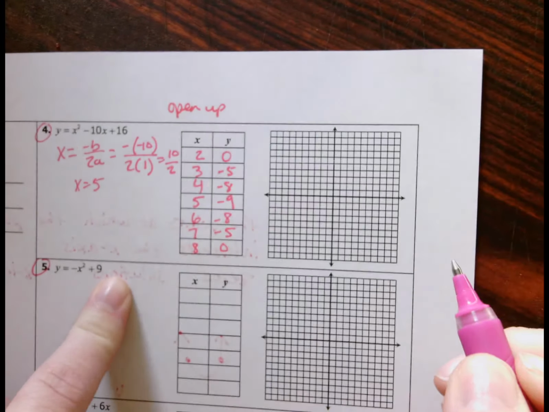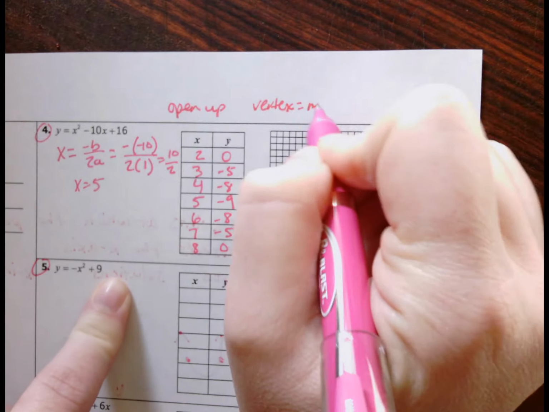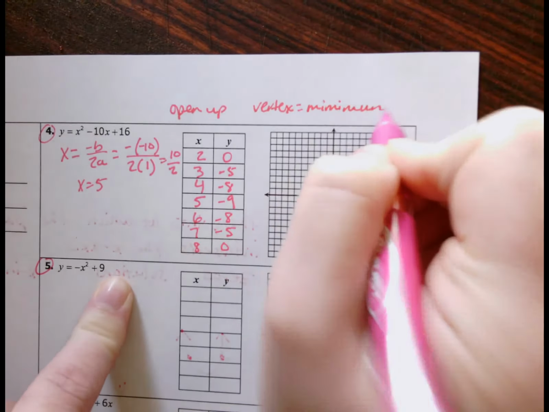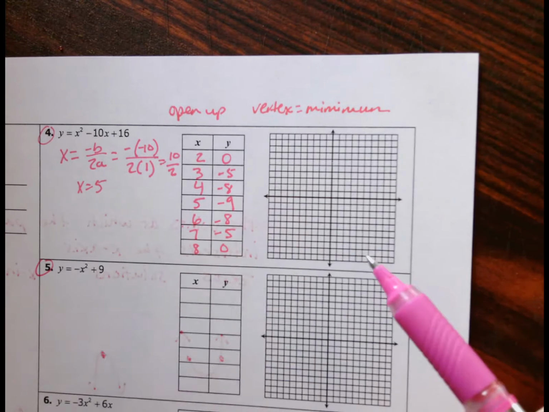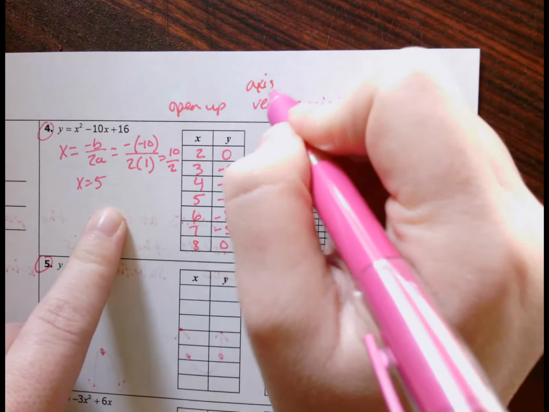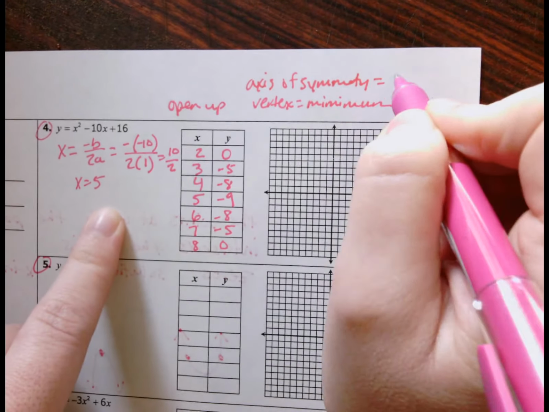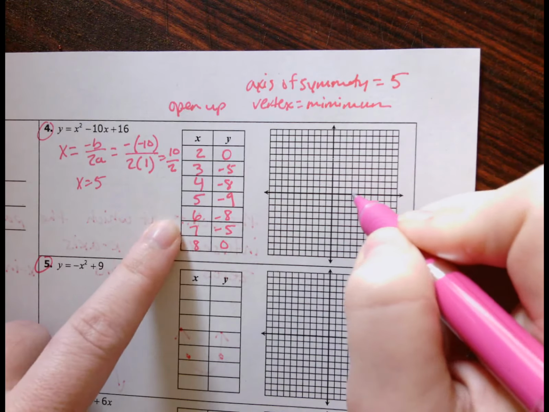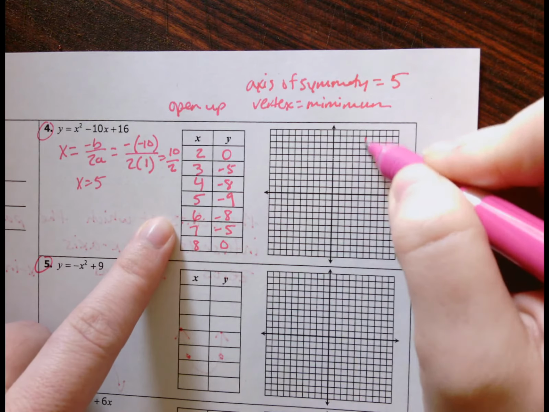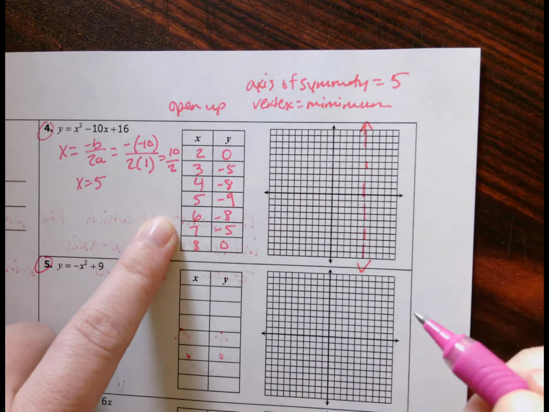And if it's opening up, then our vertex is actually a minimum, meaning it's going to open up from that point. We know that the axis of symmetry is 5. So 1, 2, 3, 4, 5. We're going to have a vertical, invisible axis of symmetry here.